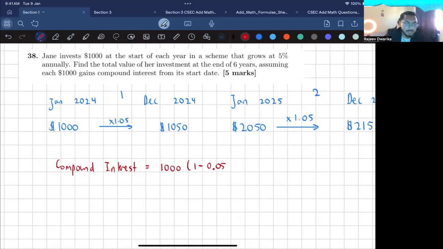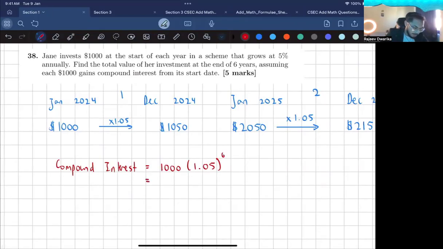Why would it be plus? Because it's increasing. How come it's 0.05? I converted 5% to a decimal. Oh, okay. And 5% as a decimal would be 0.05. Check that. Okay. And we know that it's increasing, right? So every year it should be 1.05. We established that. And that'll be for how many years? 6.